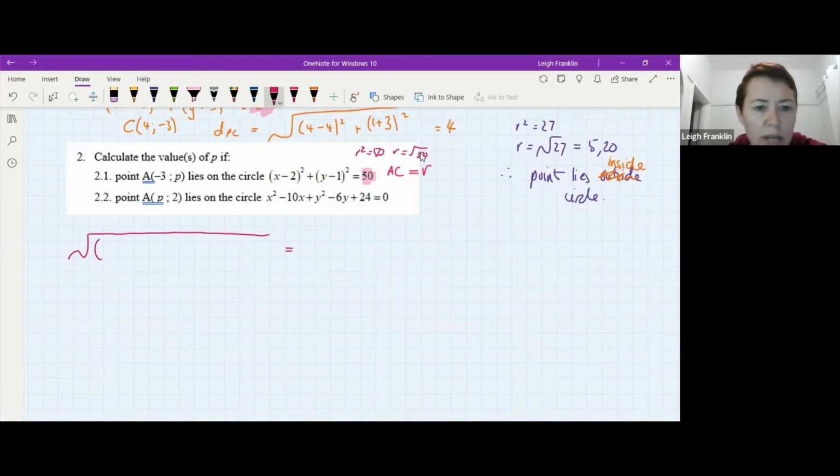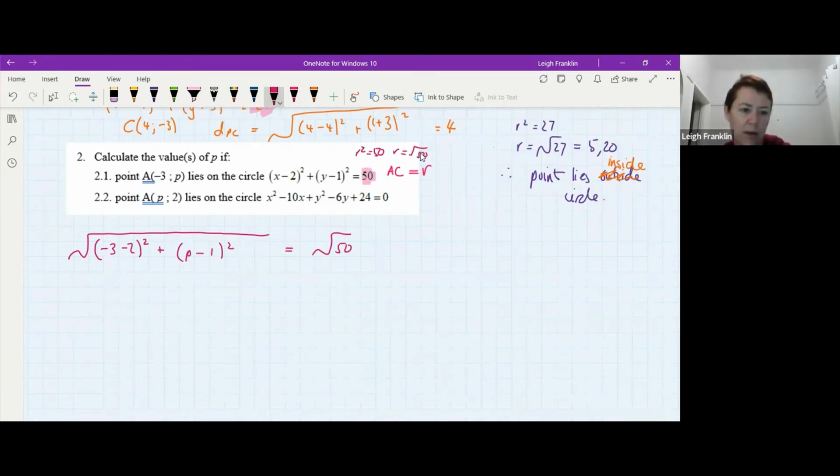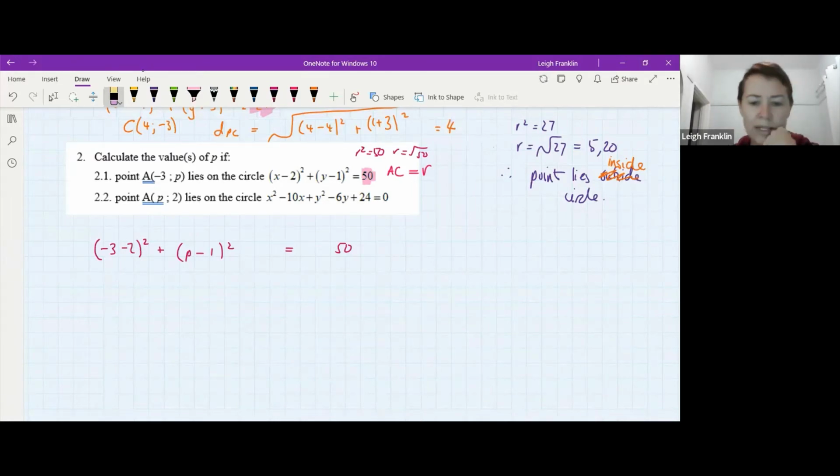We've got the change in x's, so that means we've got minus 3 minus 2 squared plus the change in y's. So P replaces y, so that's P minus 1 squared, and that's going to be equal to root 50. So if I wanted to, I could start this off by not writing the roots, because I'm going to square both sides anyway, and those roots are going to go away. Does that make sense to everybody?